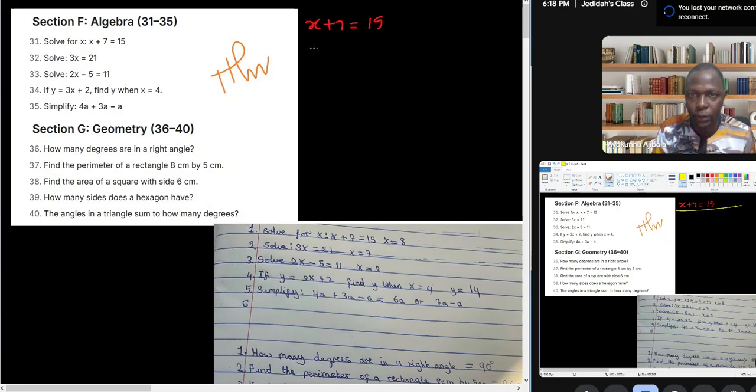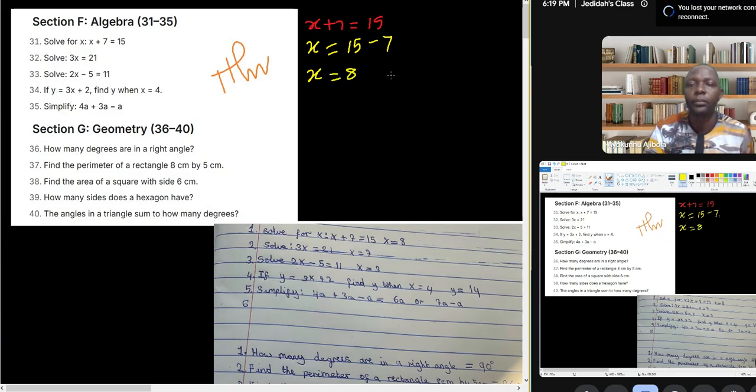So what am I supposed to write? 15 minus 7. Then x equal to what? 8. I still give you a mark for today, just as a warning.